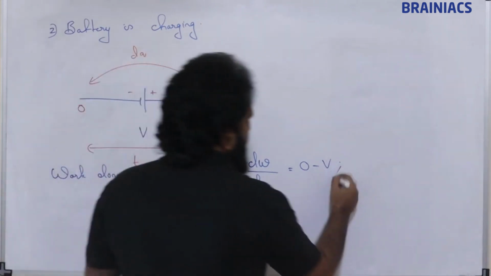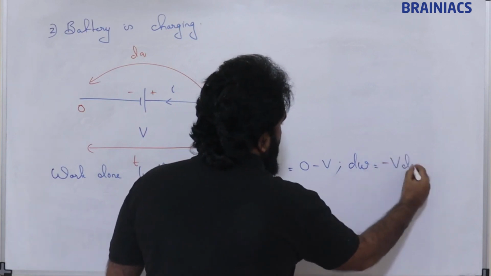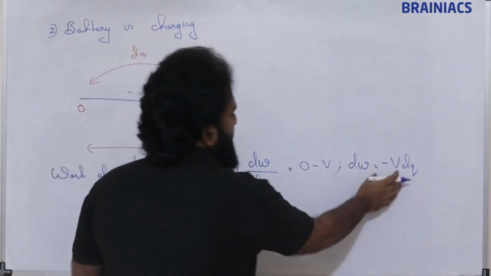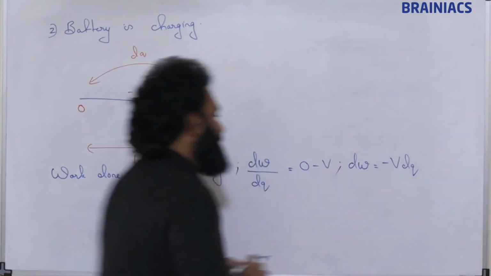So dw is equal to minus V dq. This is the work done while charging the battery.